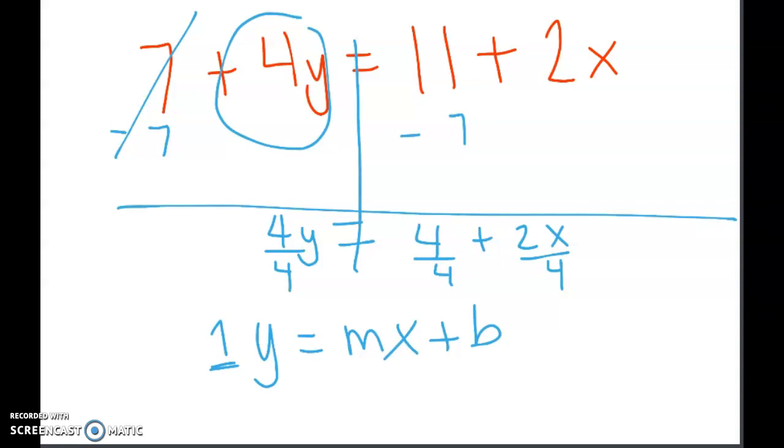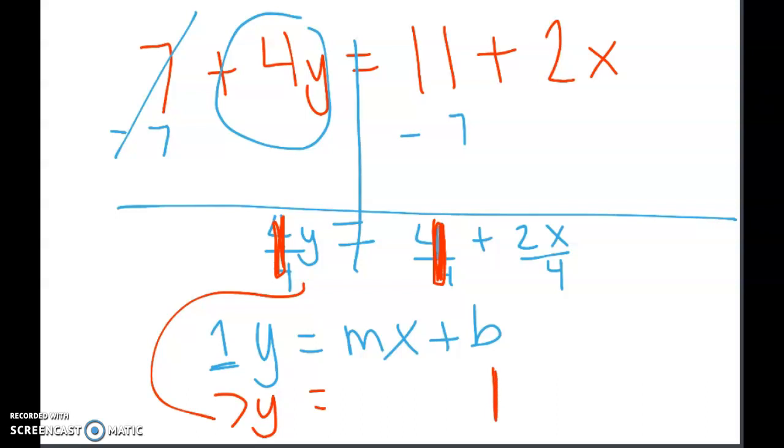By doing that, 4 divided by 4 is 1, so we have 1y is the same as, again, 4 divided by 4 is 1. This doesn't have the x, so that's actually going to go here. And then this is 2 over 4x, which we can simplify. If we simplify both by 2, we get 1/2 x. And so now it's very easy to see that the slope of the line here is 1/2.